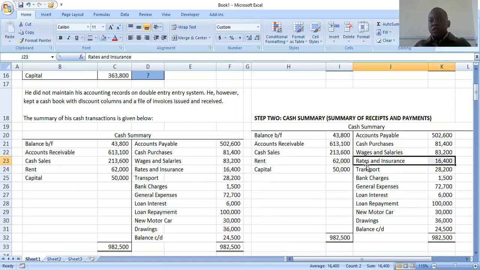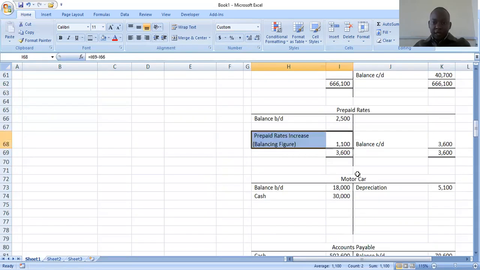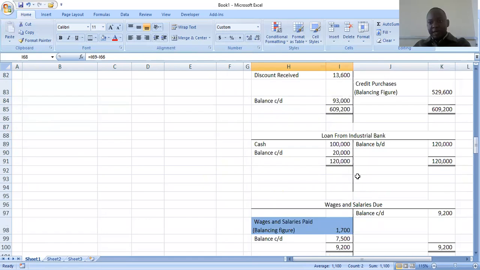So therefore, to correct this, we go to the rates and insurance account and credit the prepayment. So we credit the 1,100 from the rates and insurance, and debit it in the prepaid rates, as we have done here.